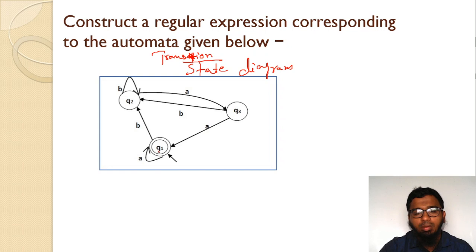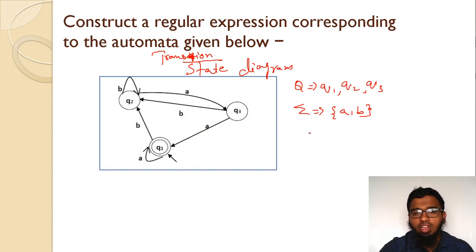In this state diagram I have states Q1, Q2 and Q3. What is sigma? Sigma is A comma B.